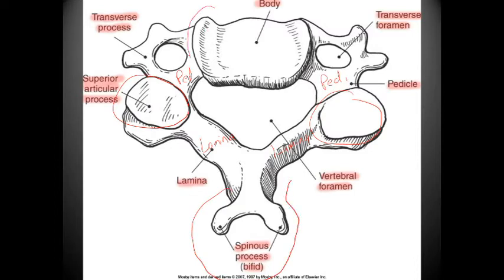We have the body, and we have the transverse foramen. And this one doesn't have a very prominent transverse process. It would be very easy to kind of overlook that because you would typically think that this would be more accurate for the spinous process. But it will become easier to distinguish which is which.